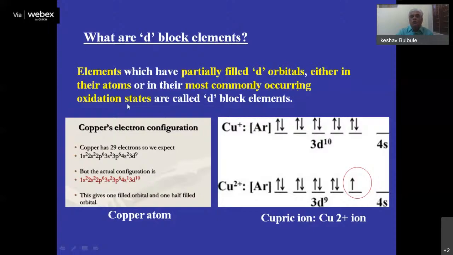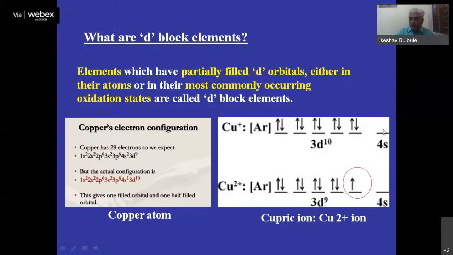Then, to support and substantiate the second part of the definition: copper in the atomic state has a completely filled d subshell. But when you come to the case of cuprous, for copper to become cuprous, it should lose one electron, and that one electron comes from the 4s subshell.